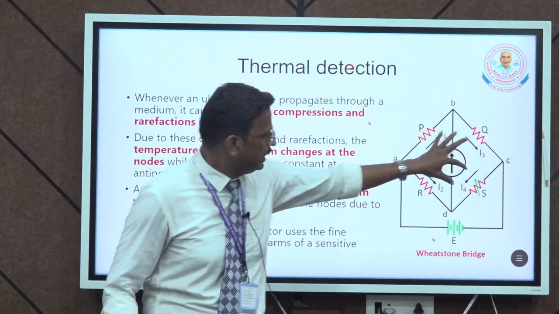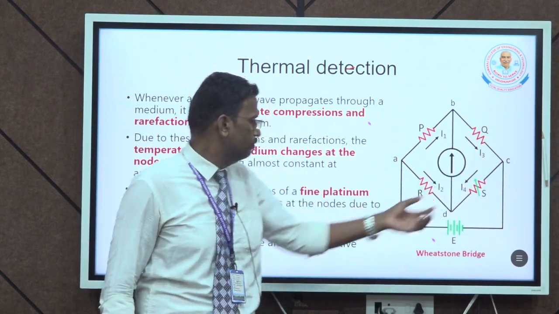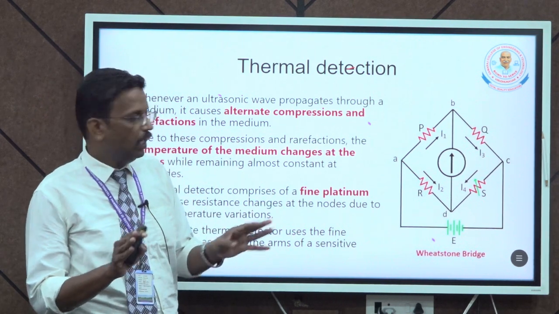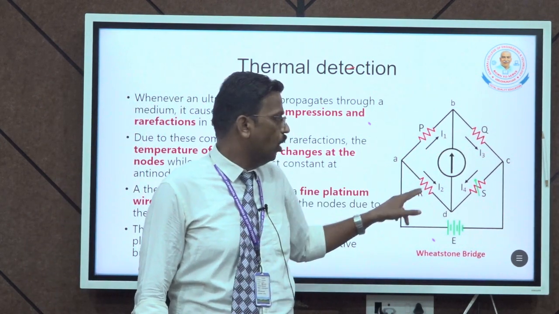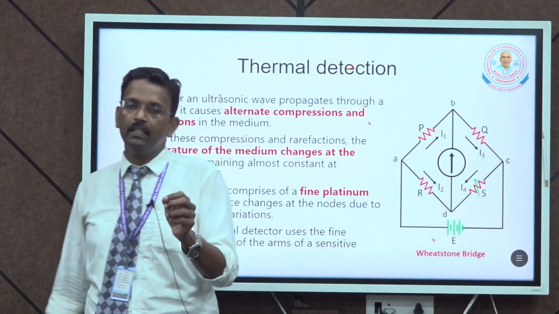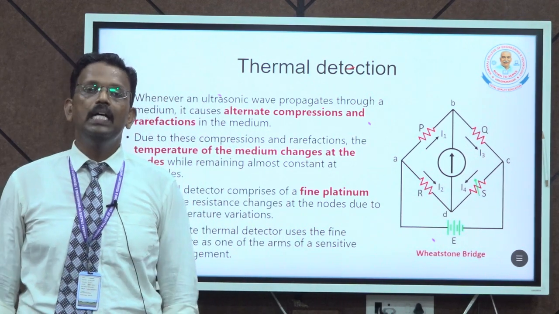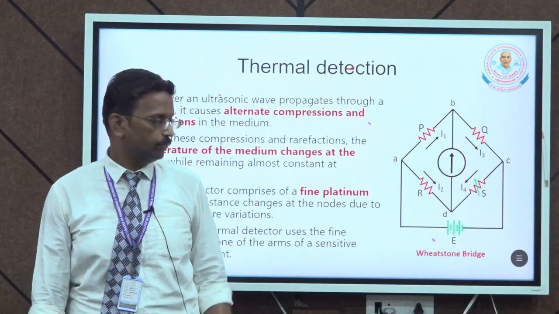So this part is replaced by a fine platinum wire. Initially, the values of P, Q, R and the resistance of the platinum wire must all be equal, so the galvanometer shows a null deflection.